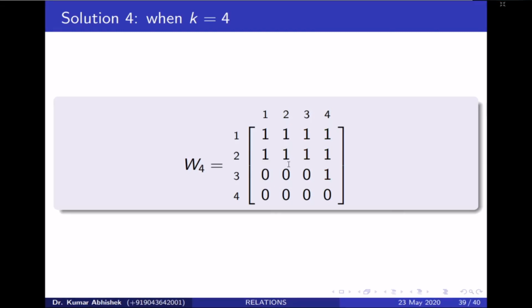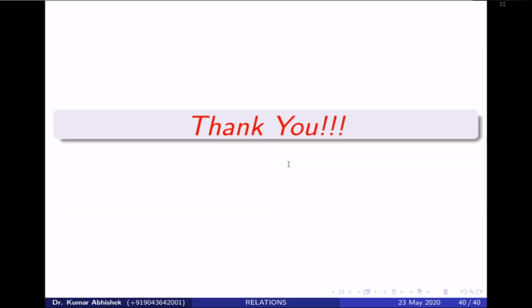With this example, I conclude the session on transitive closure of a relation, and this Warshall's algorithm is a better algorithm than what we discussed in lecture number 12, and the running time for this algorithm is n raised to 3. So thank you.